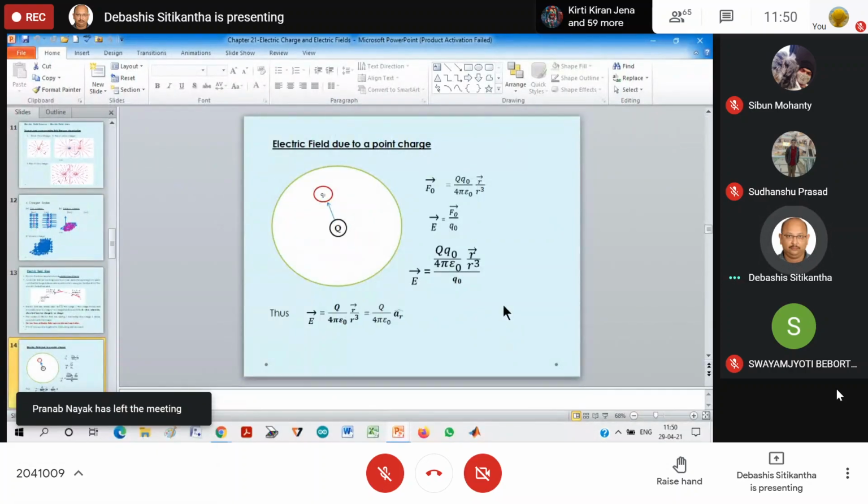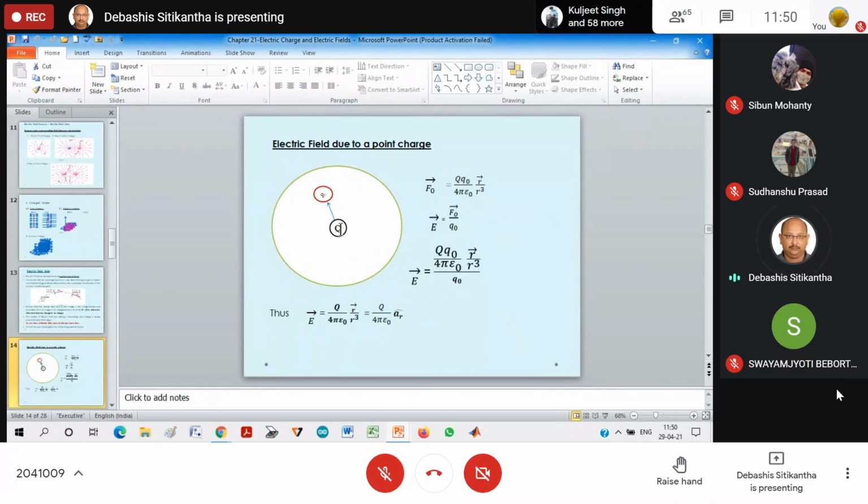Just have a look. We get the same equation, but this is a little bit tedious because first we brought a charge Q and placed it over here. Next we have to bring a test charge, next we have to evaluate the force, and ultimately we have to divide it by the magnitude to get this E vector.